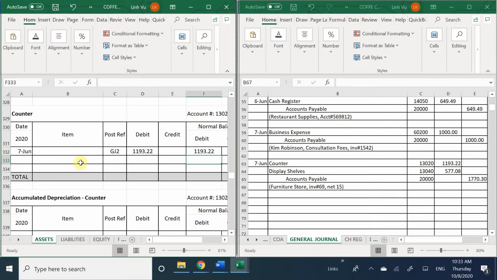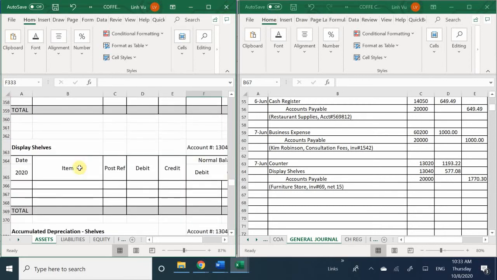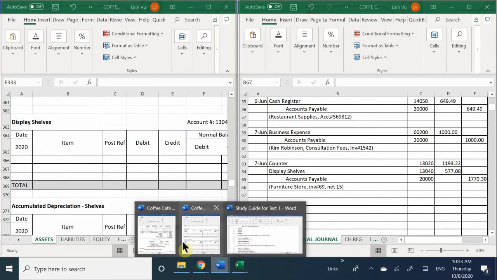And if I scroll a couple down, I should have my display shelves here. All right.